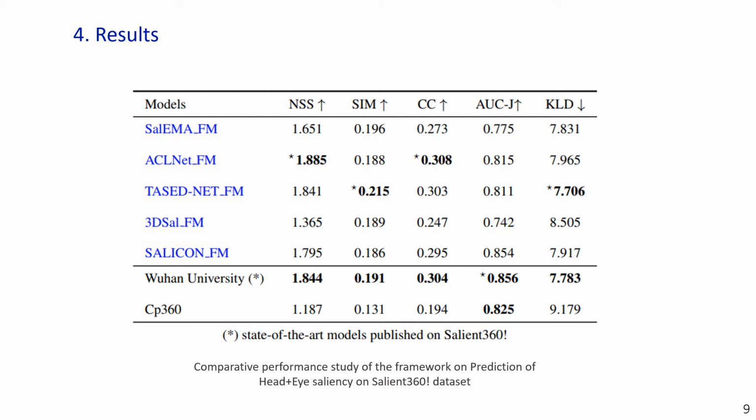We can remark that our proposed marginal probability distribution framework using the different 2D saliency models is very relevant and competitive with 360 saliency state-of-the-art models, where we can remark that ACLNet achieved the best NSS and CC, but also TZNet achieved the best SIM and KLD.